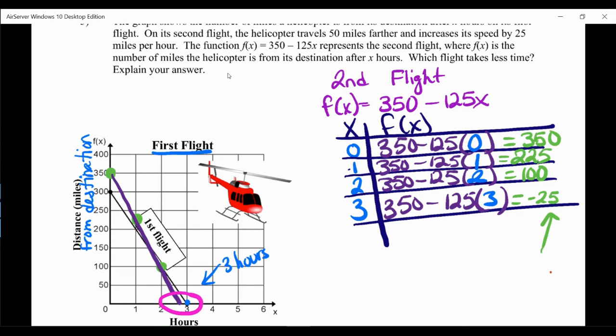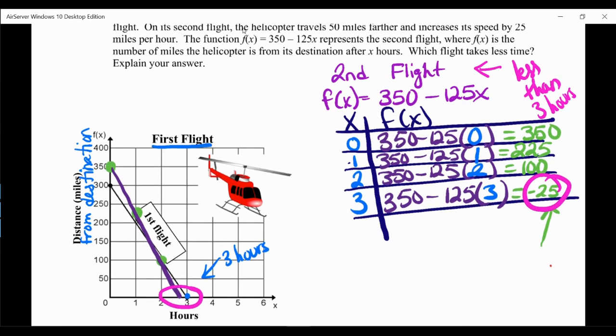So the first flight took 3 hours. The second flight took less than 3. We're not sure exactly what it is, but we can tell that the intersection point is less than 3 hours, which made sense of why we got that negative 25 value after 3 hours.